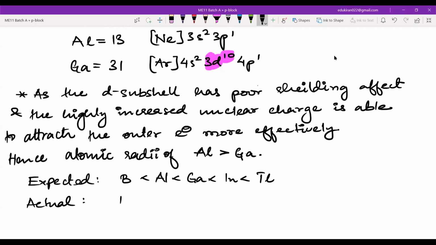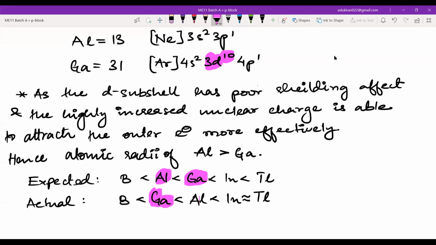But the actual order is boron, then gallium, then aluminium, and after aluminium we have indium, which is approximately equal to thallium. Indium is 167, thallium is 170, so it is very comparable, but still you will follow this order: indium, and after that thallium. So there is a discrepancy only in aluminium and gallium.